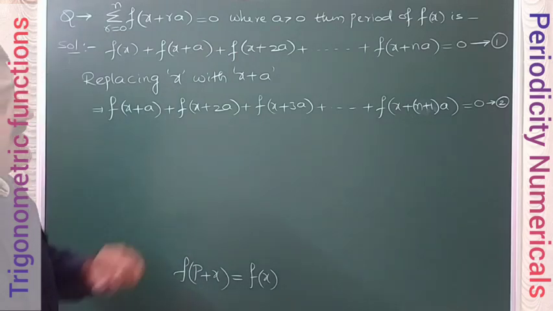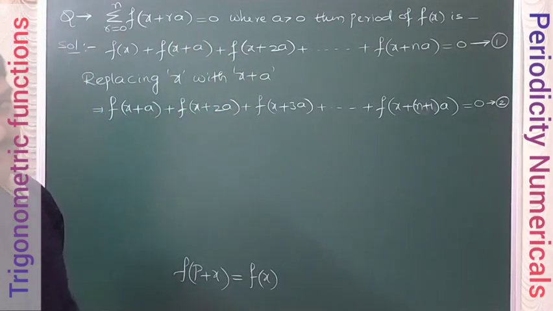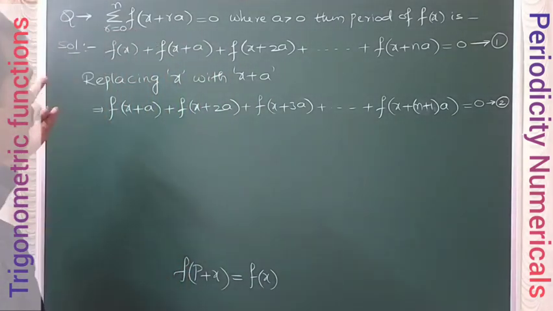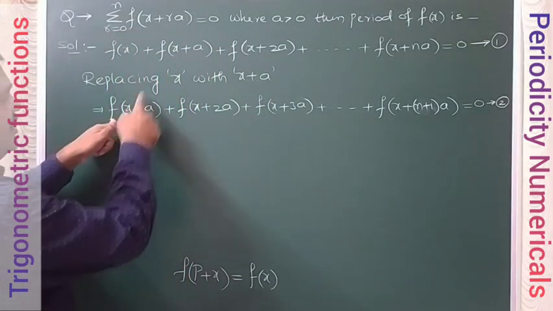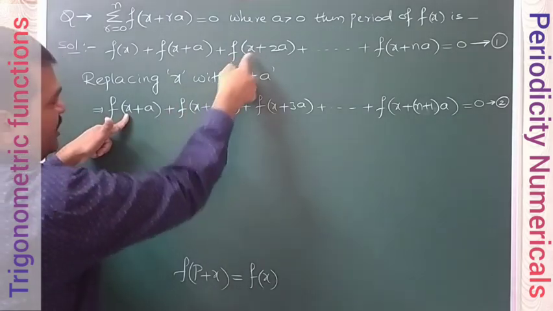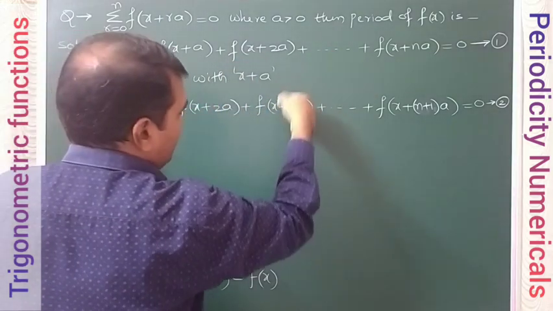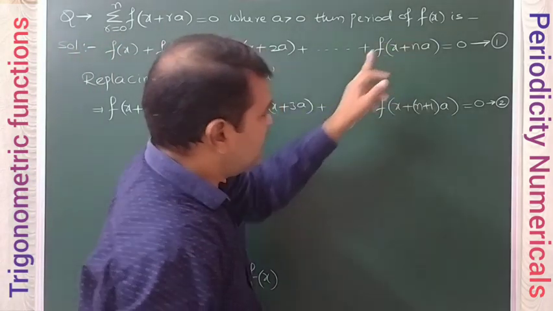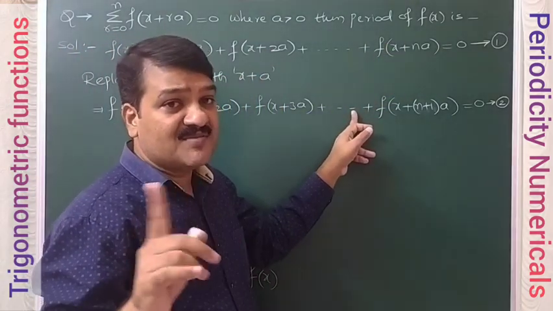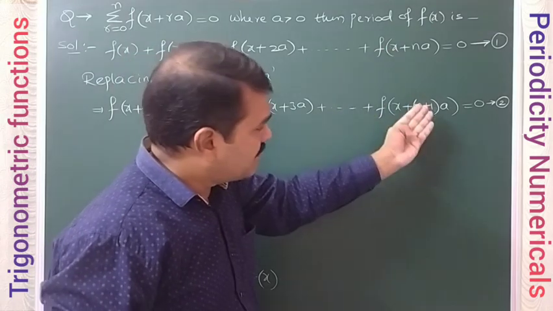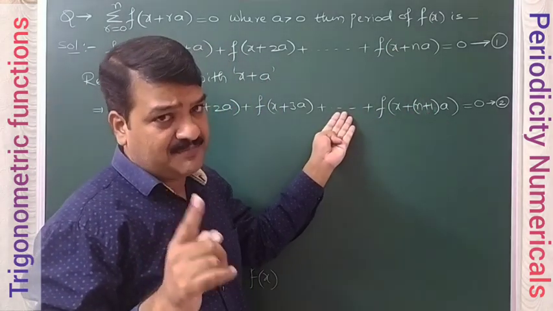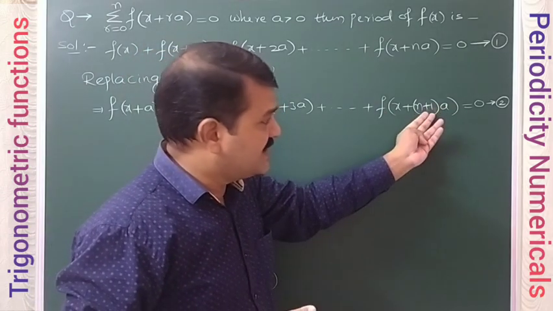Now if we subtract 1 from 2, equation 2 minus equation 1, these two terms cancel, these two terms cancel, these two terms cancel, like that continuously up to f of x plus na, all terms will be cancelled, because before this we will have f of x plus na only. n plus 1 into a is there, no?